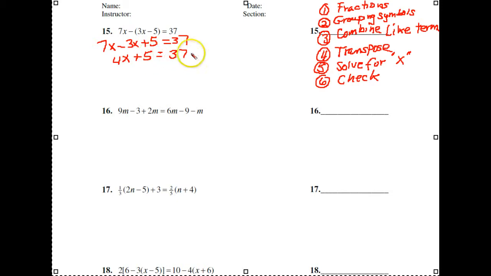Now this transposition, which is step 4 over here, is to take the positive 5, because we want to isolate the x term. We want to get this positive 5 in a sense on the other side. That is, transpose it. Now we were doing subtracting 5 from this side.